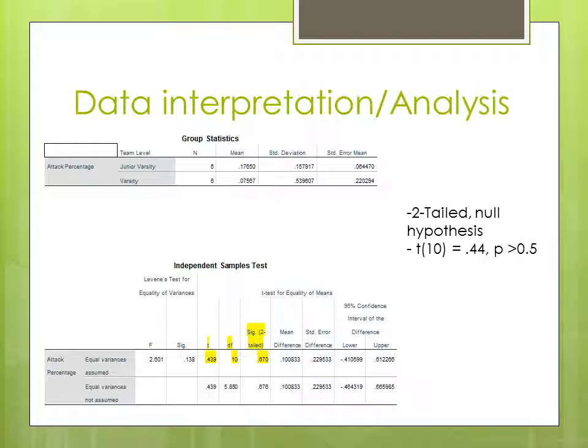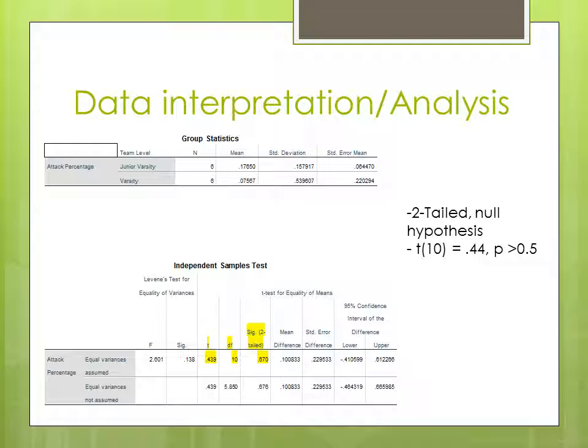For the data interpretation and analysis of this study, after running an independent samples t-test in the SPSS program, the results indicated that t(10) = 0.44 with p > 0.05. So this means that the t represents the test statistic used, which was the independent t-test. 10 is the number of degrees of freedom. 0.44 is the obtained value from running the test in SPSS.